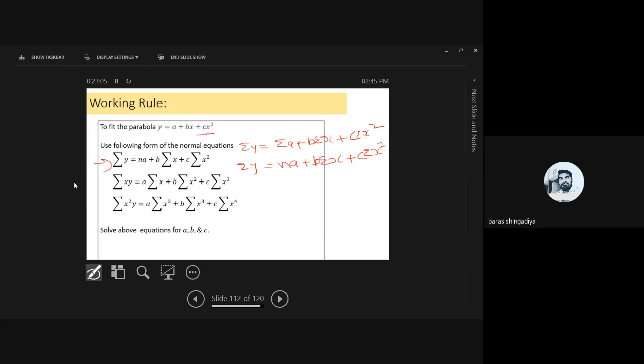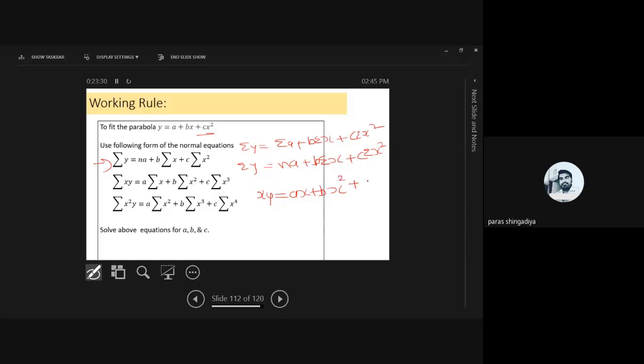Now to define the second one, multiply the main equation by x. After multiplying by x, we get x into y is equal to a into x plus b into x into x.